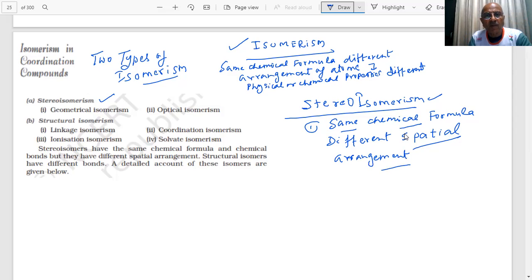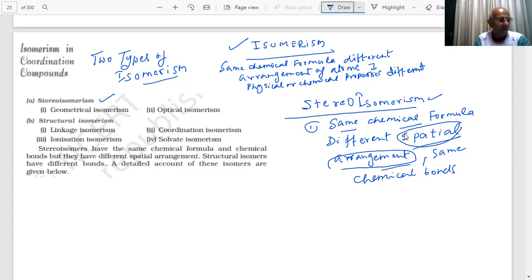They have the same chemical formula and the same chemical bonds, but the arrangement is different. This is my important point: spatial arrangement is different. So what types of stereoisomers will be there?